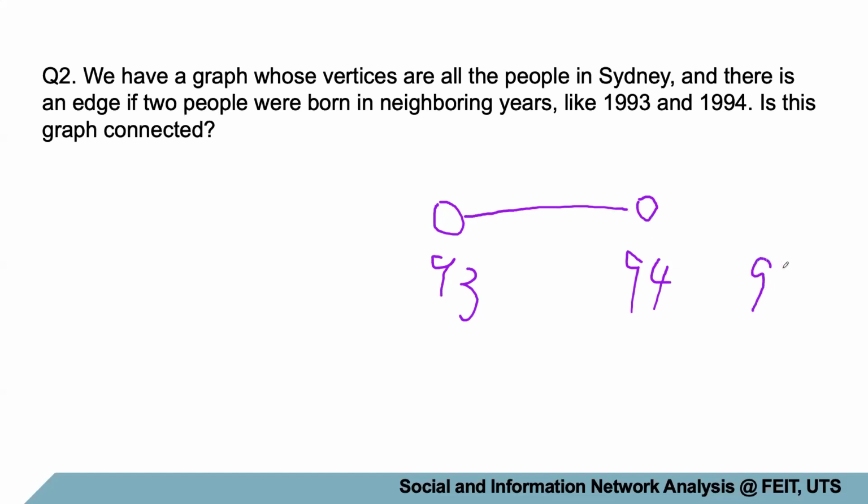If anyone is born in 1995, then there will be an edge from 94 to 95, but there's no edge from 93 to 95. So the question is, if we build a graph of all the people in Sydney according to their birth years, is this graph connected?